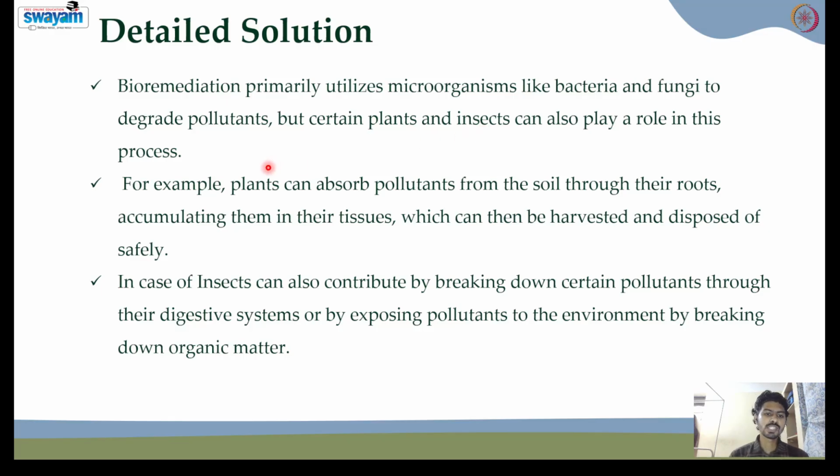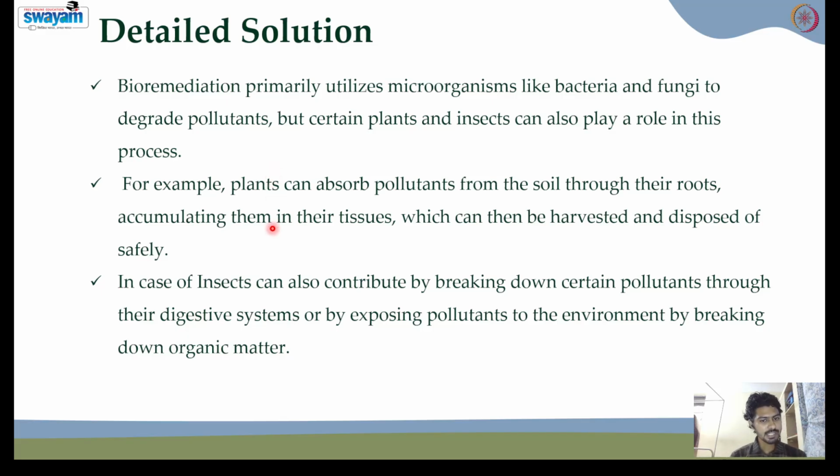For example, if you see the plants, what happens here? As we saw in the phytoremediation concept, they can absorb the pollutant from the soil through their roots. They accumulate this pollutant in their tissue, then it can be harvested and disposed of safely. This kind of remediation we call phytoremediation, and it is done by many plants.